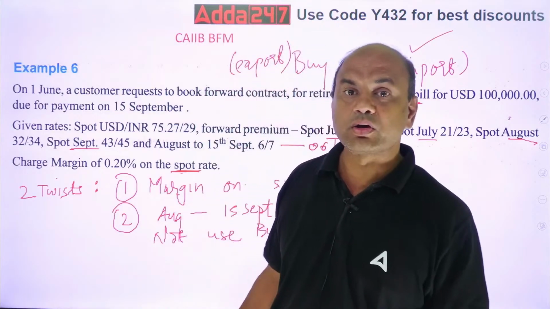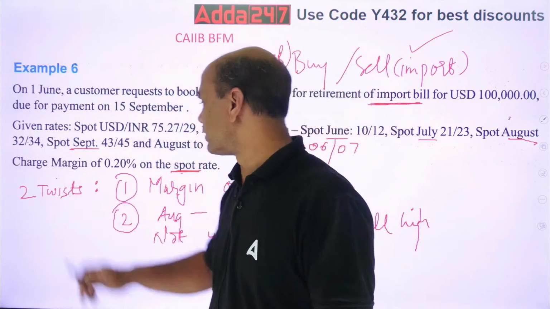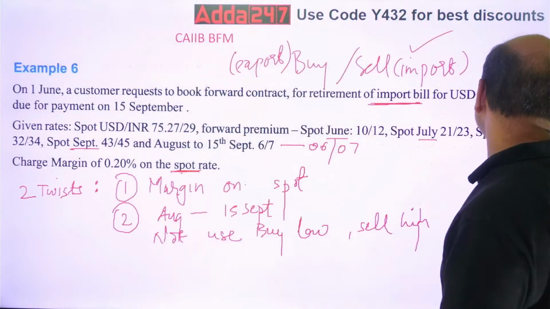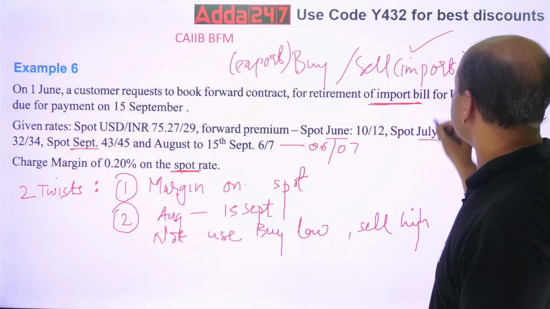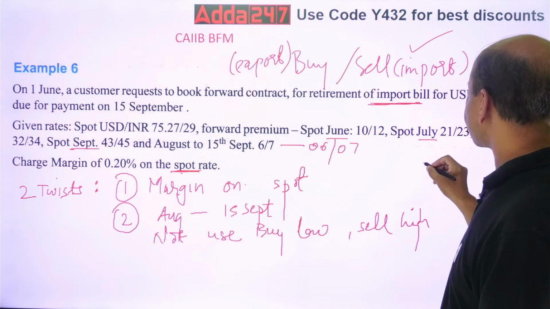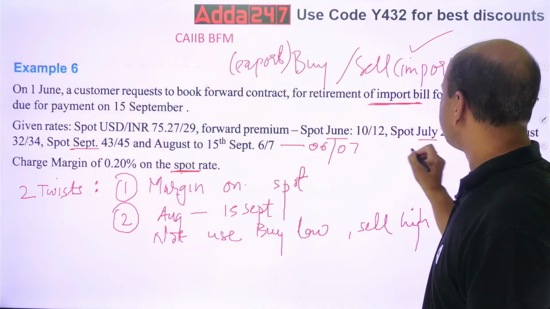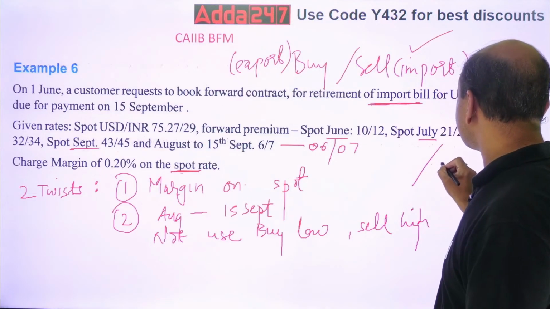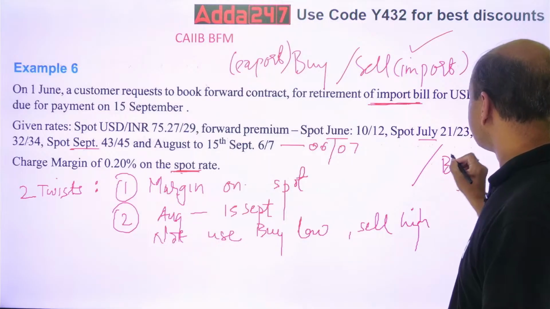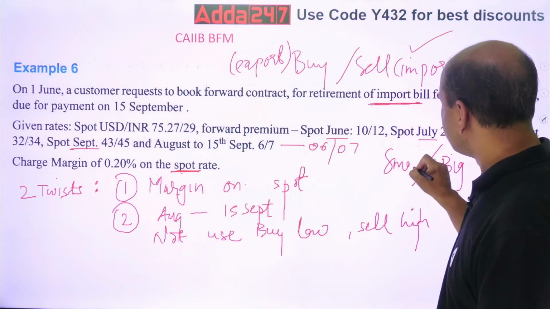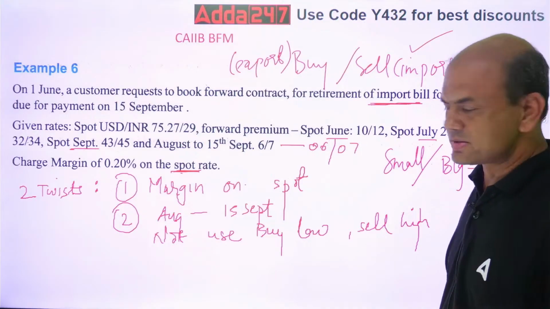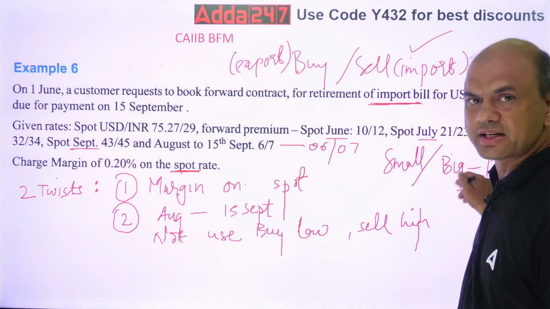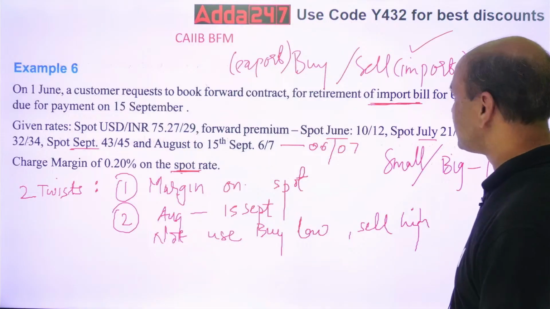Whenever you have the right side bigger, this 34, and the left side small, then you say the currency is in premium. And whenever it's reverse, left side is bigger, right side is small, then you say the currency is in discount.